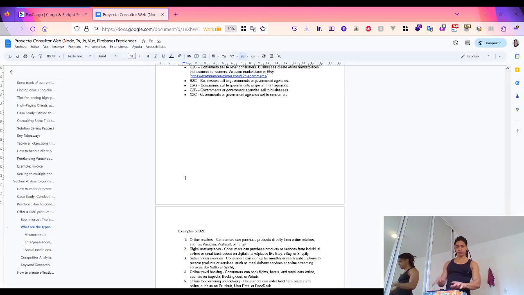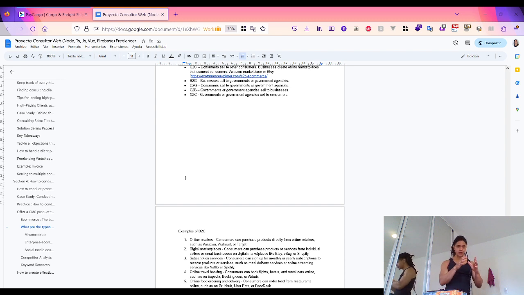This is an example of that, okay? And so governments can provide online platforms to business so they can incorporate or register, like the SBA in the US, the Small Business Administration, or the UK Company House.